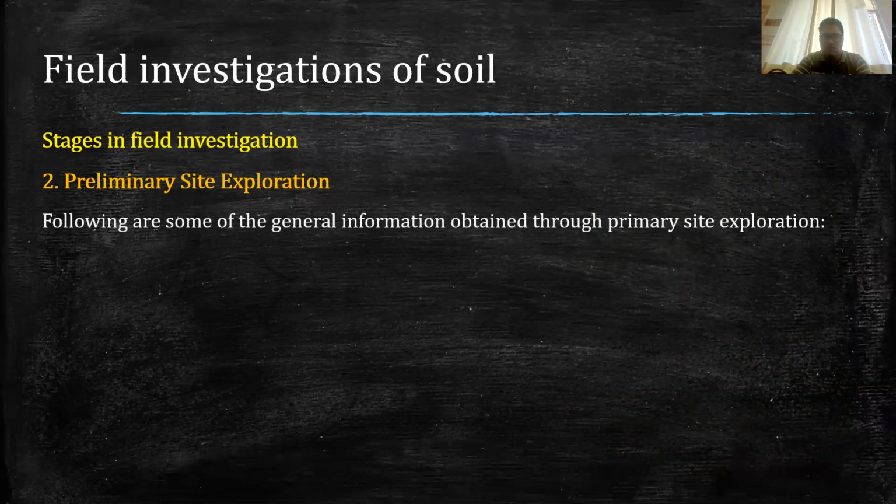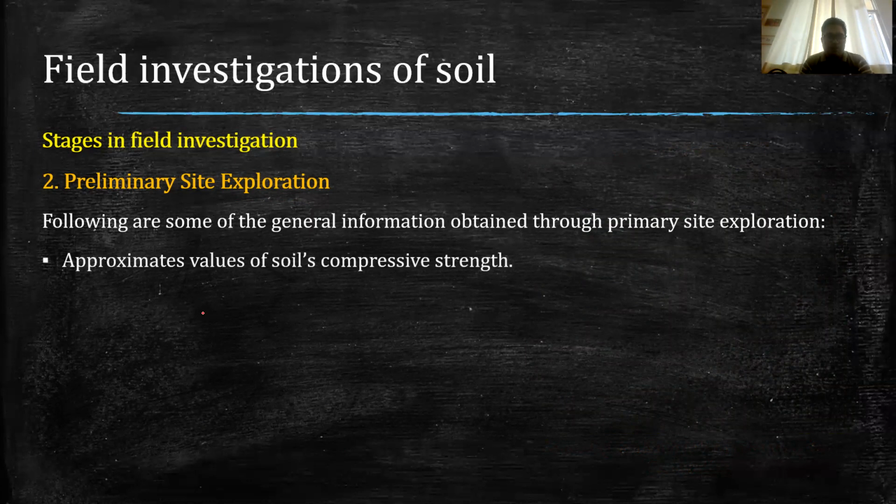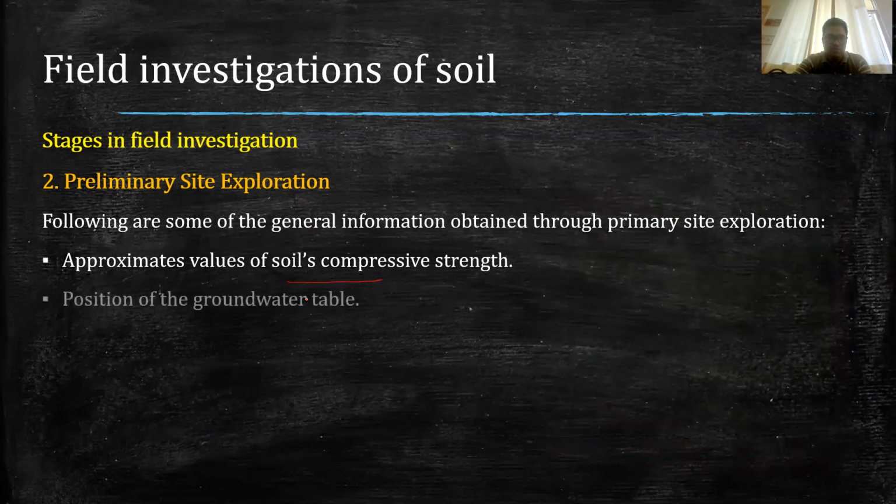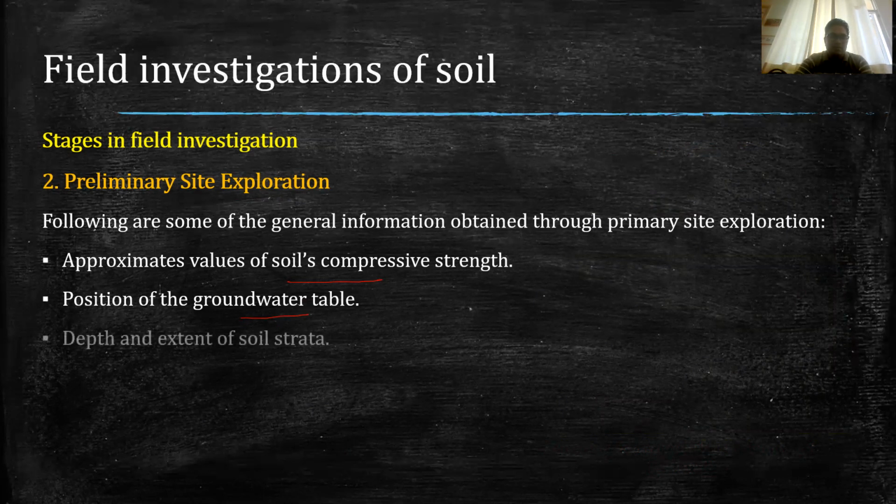Here we will see what general information is obtained with this preliminary site exploration. In this, we approximate the value of soil compressive strength. So we find out compressive strength approximately in this exploration. And also we can determine the position of the groundwater table to more accuracy. And also we determine the depth of the soil layer.